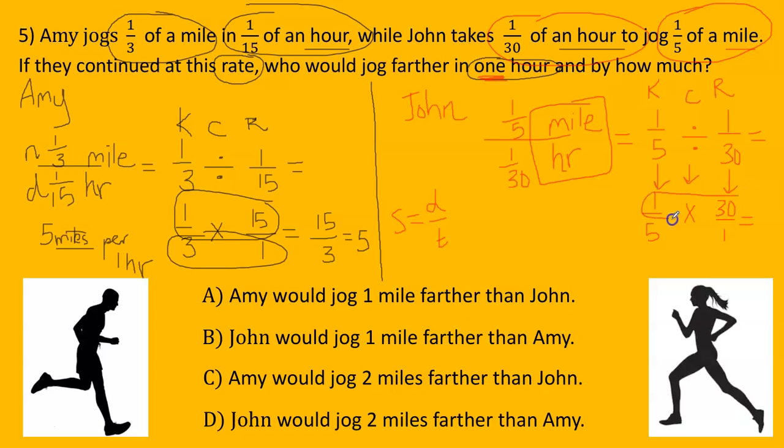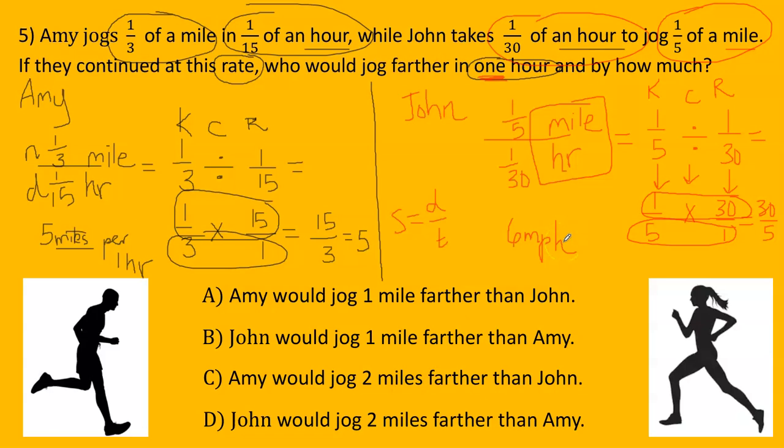Then we multiply the numerators, multiply the denominators, and we get 30/5. 30 divided by 5 is equal to 6. So John is moving at a rate of 6 miles per 1 hour, or 6 miles every hour.